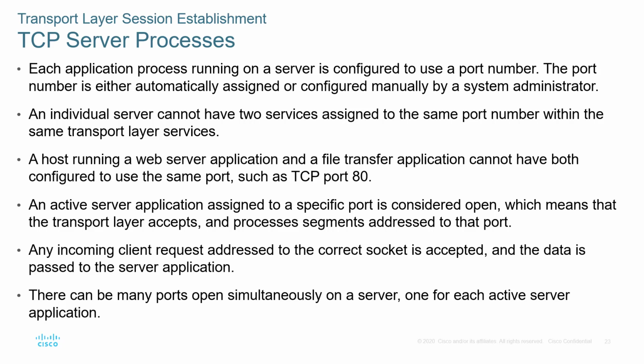There can be many ports, there can be many communications. But when we're looking at this, this is where the socket set or the socket pair comes into play. If we have 10 requests coming in and they're all requesting destination port 443, and each one of them has a different source port, then that allows for 10 different sessions to the same application, because there might be 10 different computers accessing the same web server.